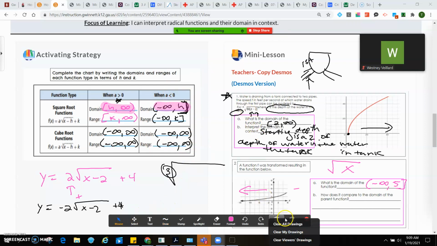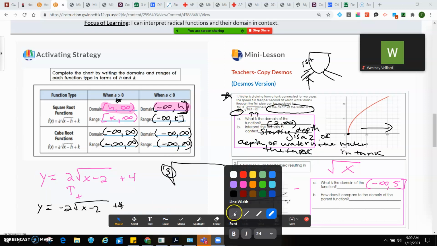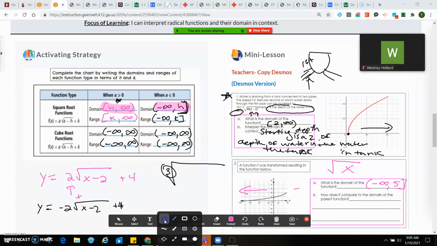Okay, so that's something to keep in mind. Our domain is flipped because a is less than 0. Okay, it's also shifted to the right.